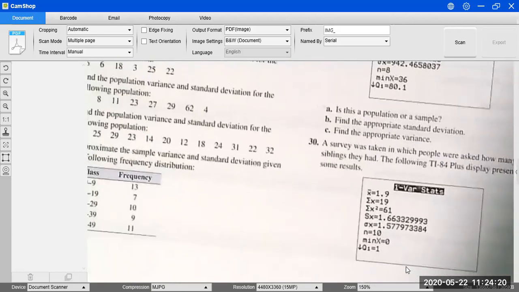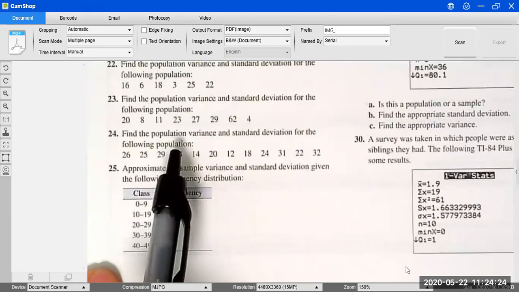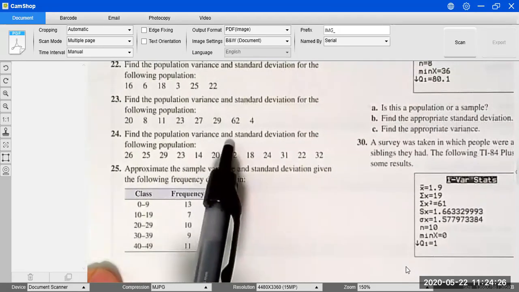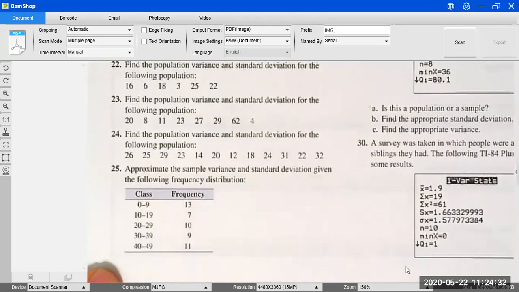And finally, 24 is again, you're going to find the population variance and standard deviation for the following population. You can use R, or you can just work on your tables and use your own calculator and do it by hand. It's up to you. But try to use R to become more familiar with the R console.